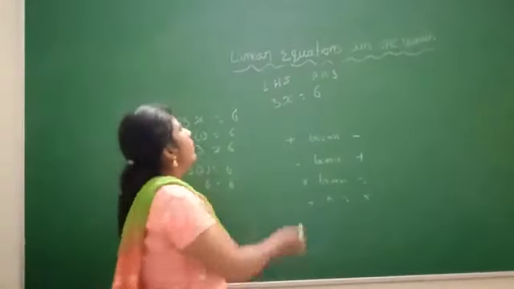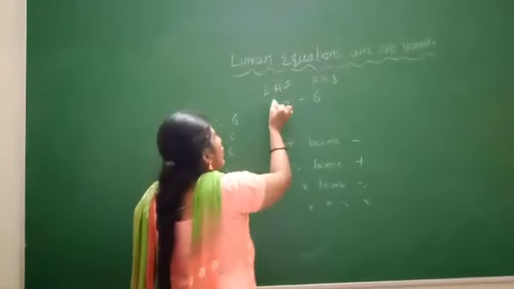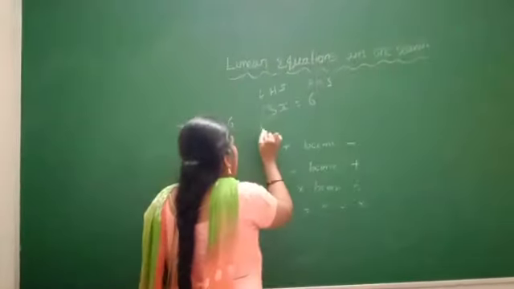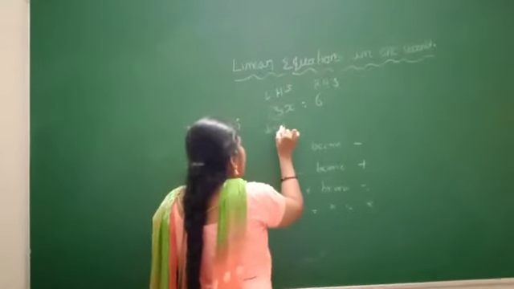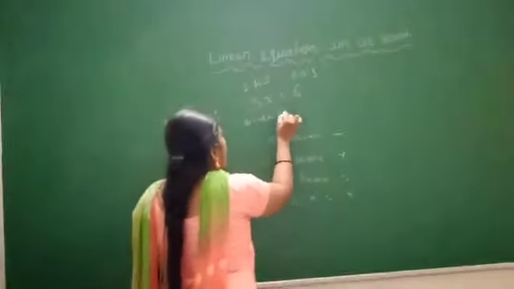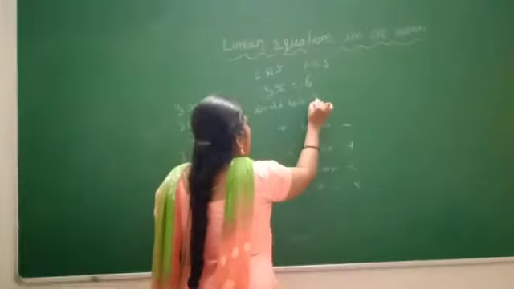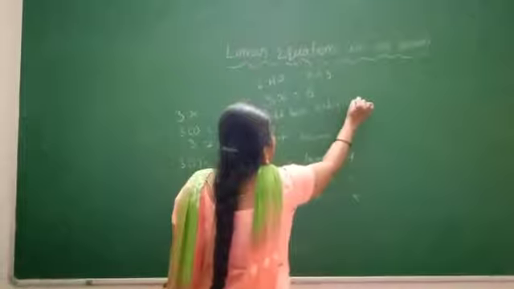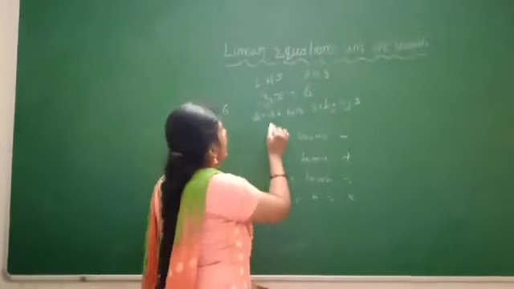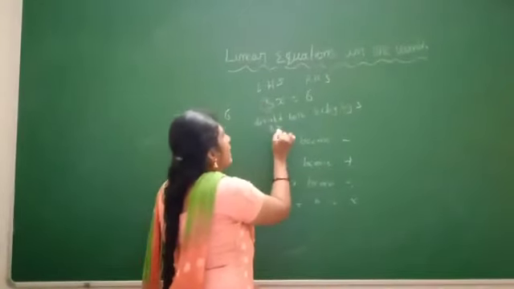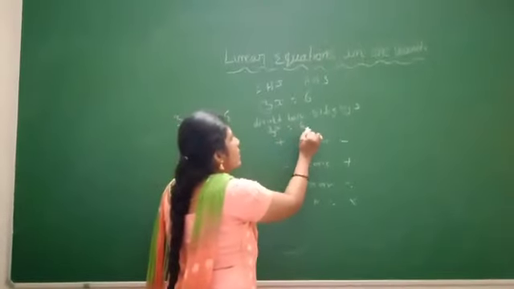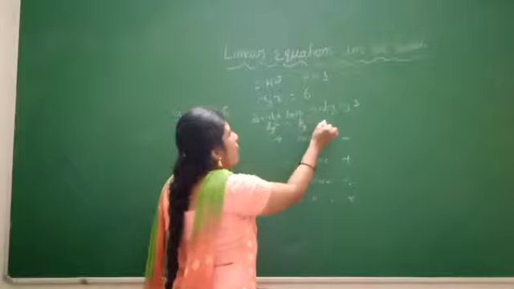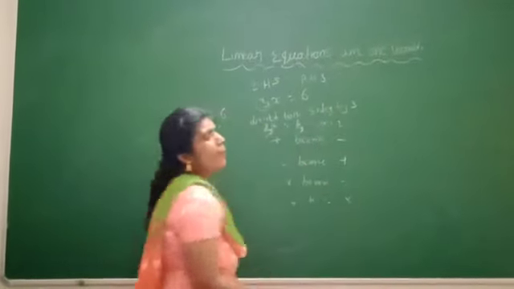First step: the coefficient of x is 2, so divide both sides by 2. 2x by 2 equal to 6 by 2. 2 ones are 2, 2 threes are 6. x equal to 3.